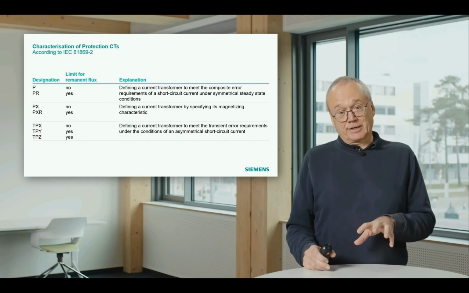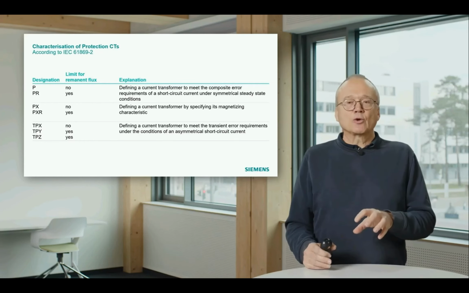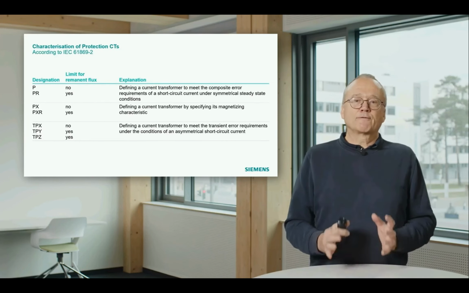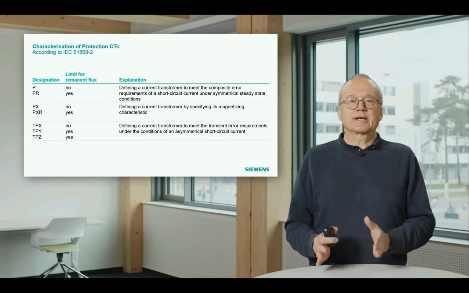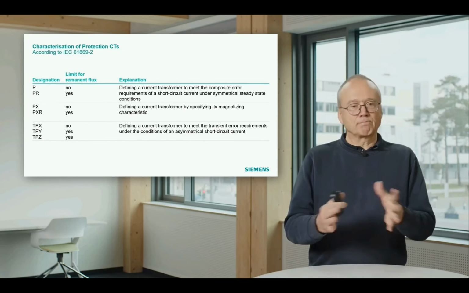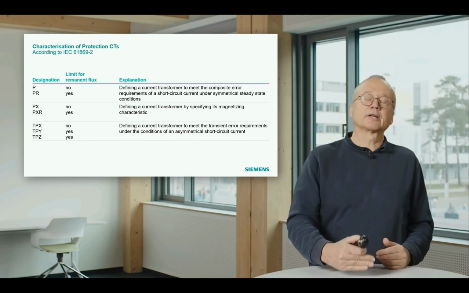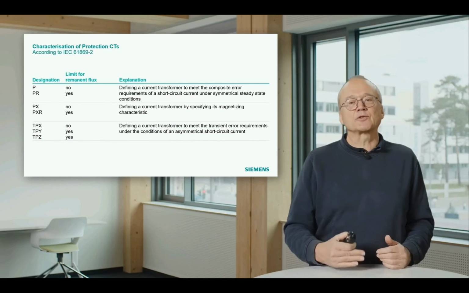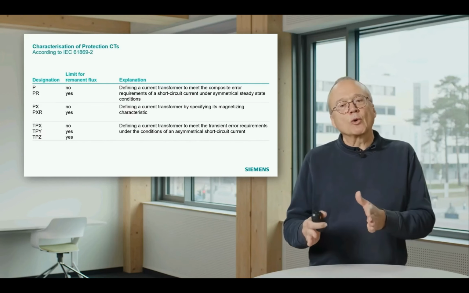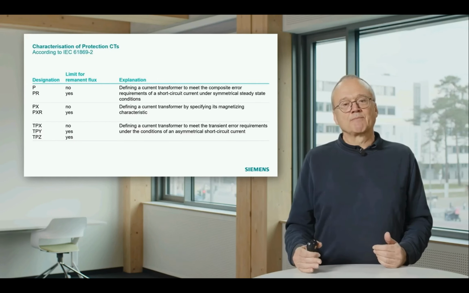For the P-class current transformers, the standard defines only accuracy limits for symmetrical steady-state conditions. That means if you have a P-class current transformer, you can look in the standard, and this current transformer has to meet some accuracy limits, but they are only defined for symmetrical steady-state conditions.